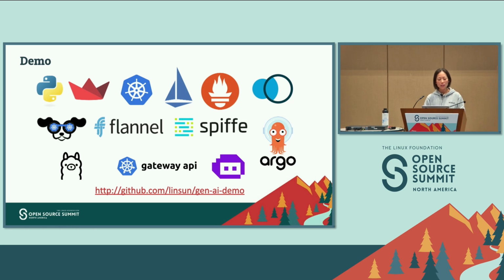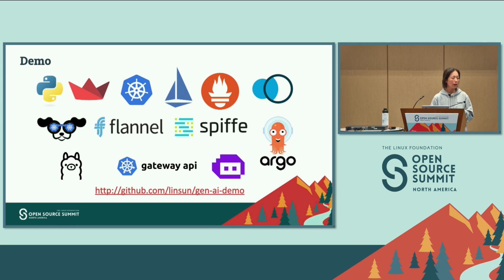We're going to use K9s to visualize the Kubernetes cluster, the pods, the services, and the resources. I'm using Flannel as the CNI, and I'm using SPIFFE to assign identity for the pods. This is all managed by Istio. And I'm using Argo to push some of my application into my Kubernetes cluster.